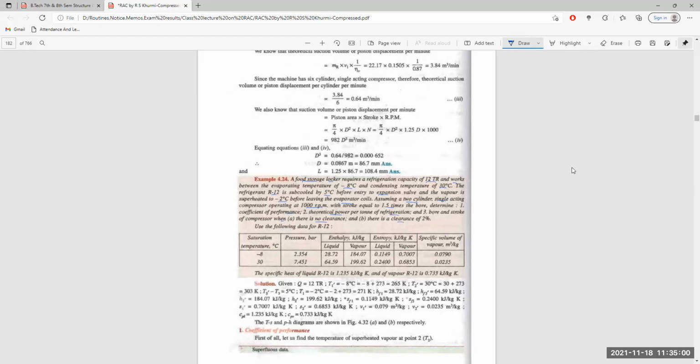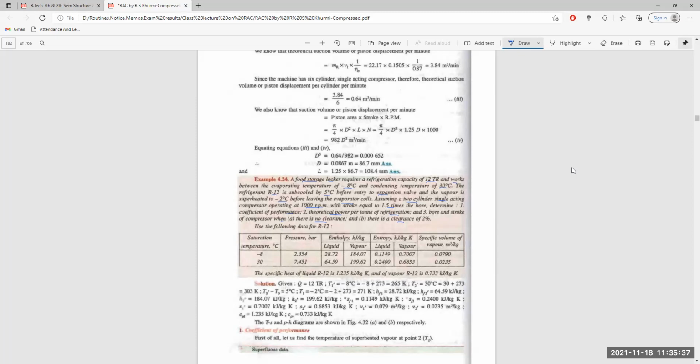Now, what to do? What is available here is given as per the saturation temperature, which is lower than T1 equal to T4. For the evaporating process, the low pressure, which is constant, is given as 2.354 bar, and for the condensing process, which rejects heat isothermally at temperature 30 degrees centigrade and at constant pressure, it is 7.4551 bar.